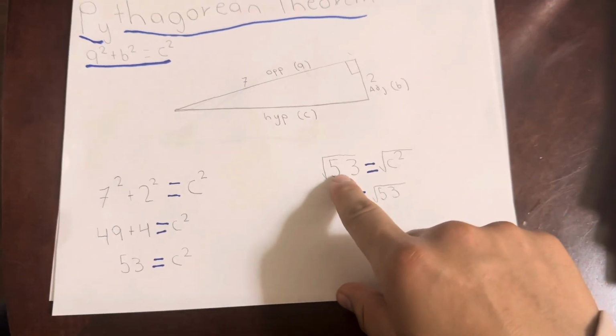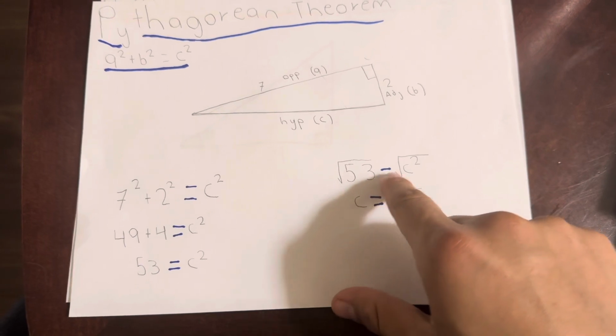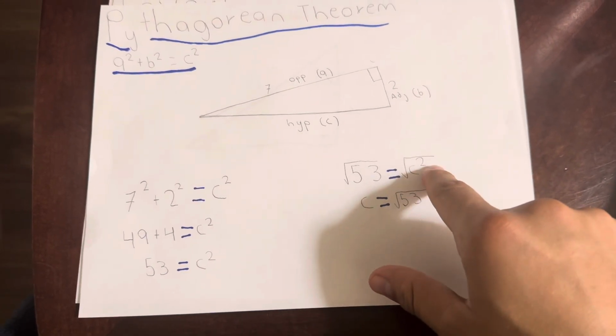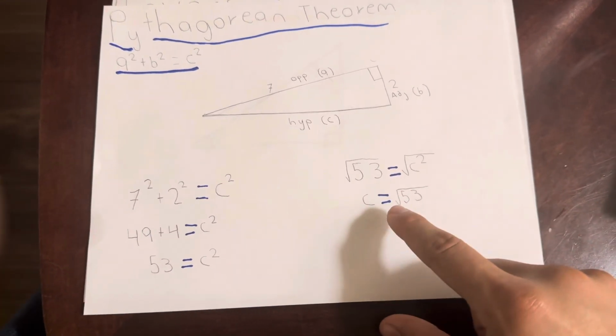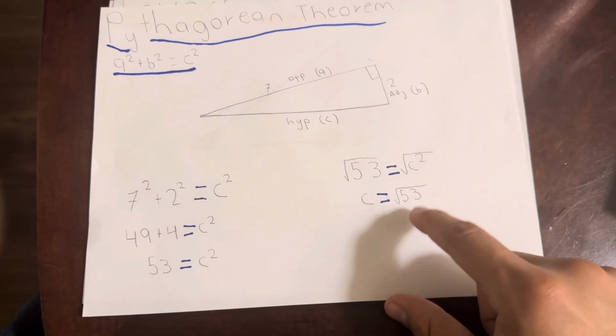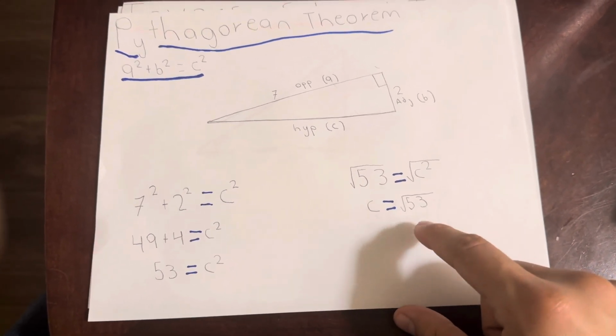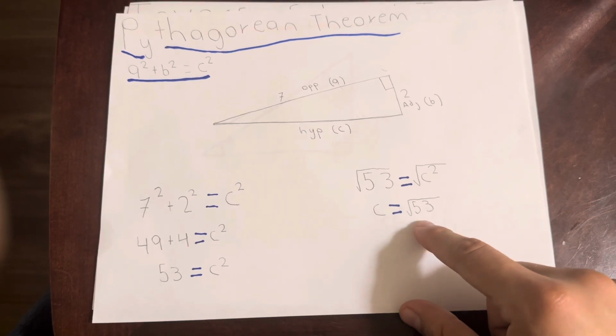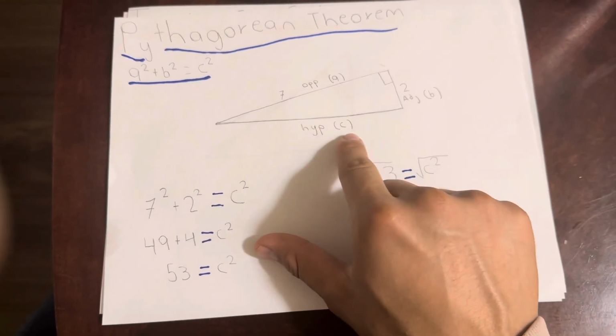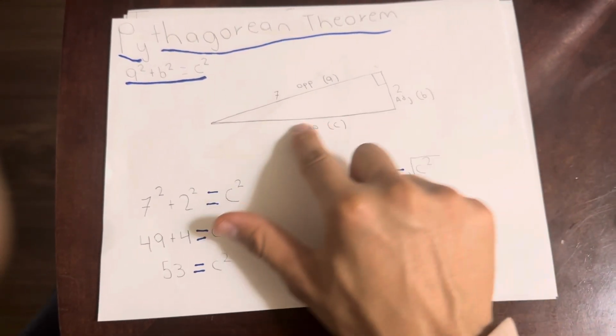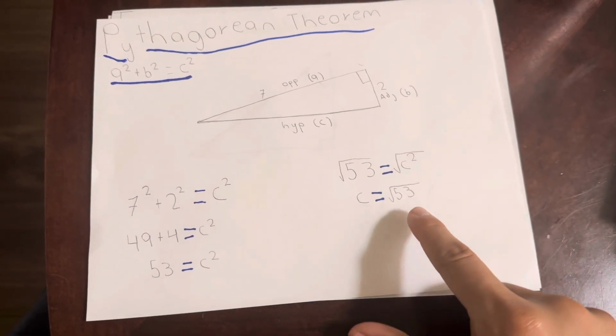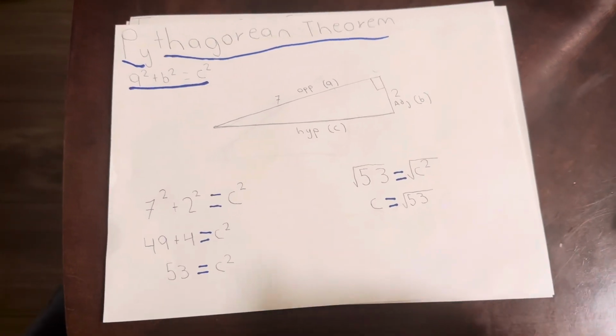So we take the square root of 53 and the square root of c to the second power, which is going to give us c equals square root of 53 because we cannot simplify more than this. So the answer for this problem is that c, which is this side, is going to equal the square root of 53.